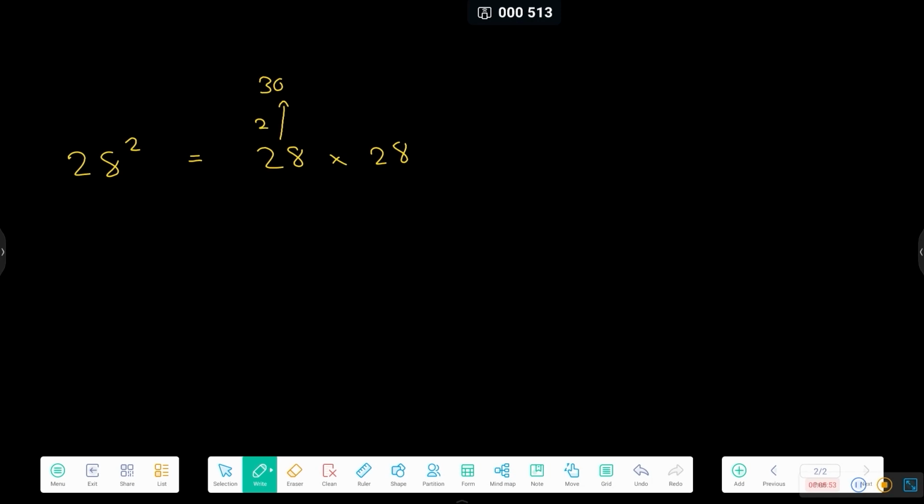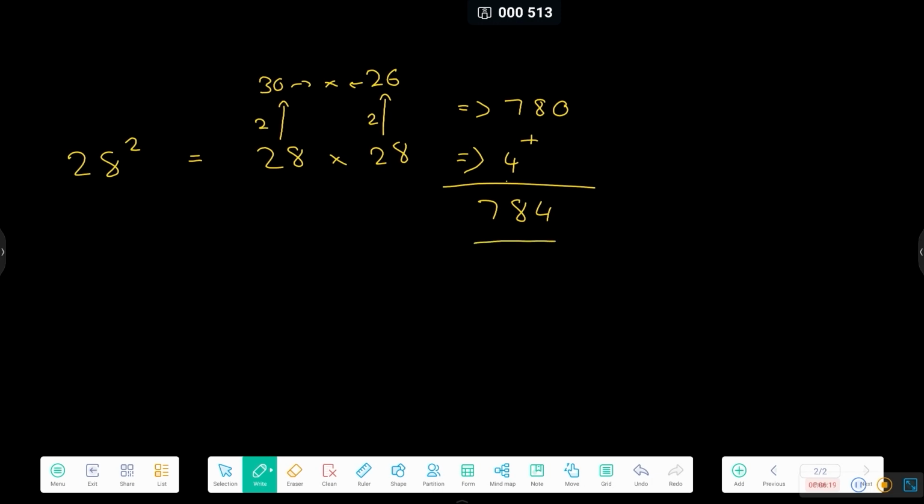So we add 2, and here we're going to subtract 2, making it 26. 30 into 26 is 780. And 2 into 2 is 4. We add them to get 784, which is the square of 28.